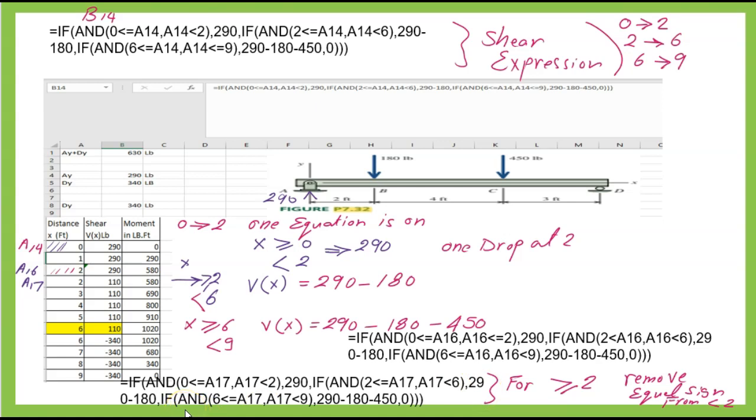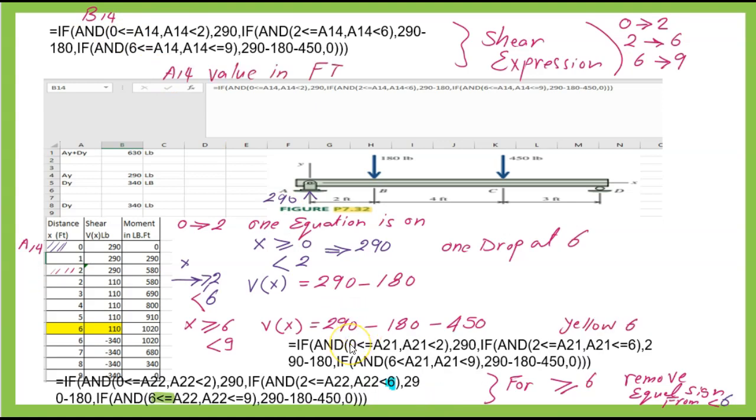The third statement, if and A17 bigger than or equal to 6, comma A17 smaller than 9, we close and we write 290 minus 180 minus 450, comma 0, and then we have the 3 brackets for the 3 conditions.